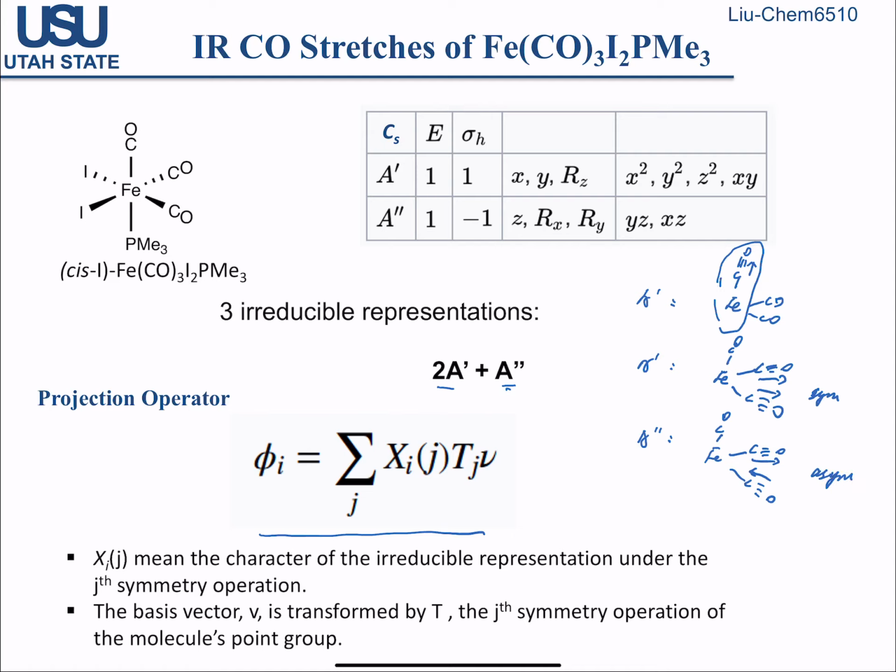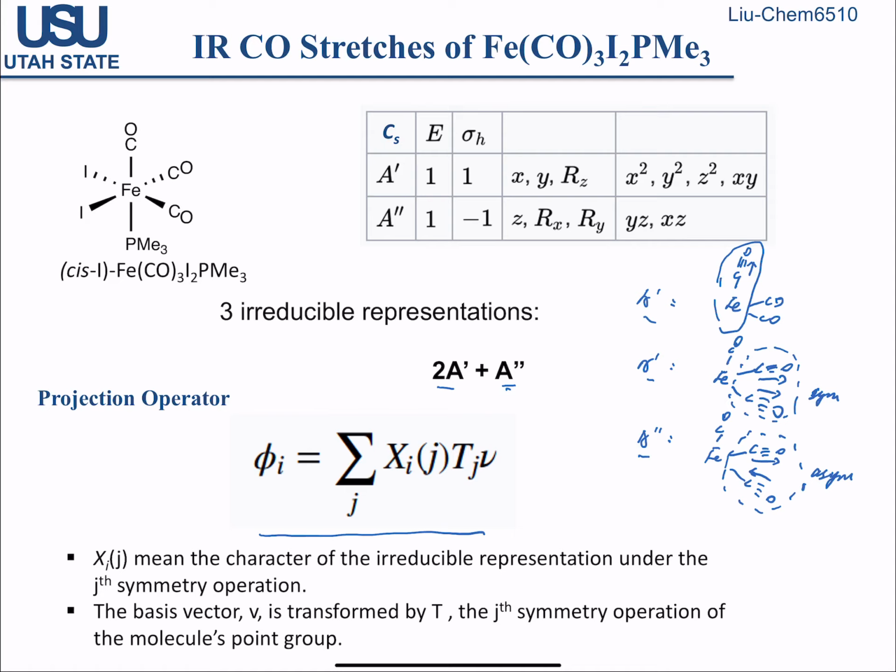So here is only perpendicular. So that's a part. Okay, you get how individual CO stretch contributed to the irreducible A1 prime, the second A prime, and the other A double prime.